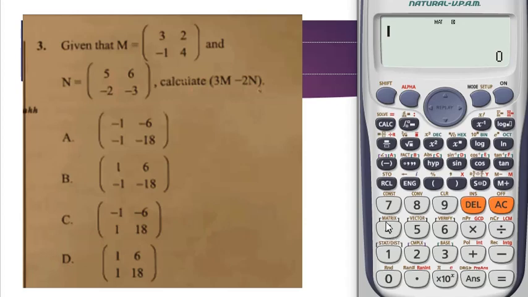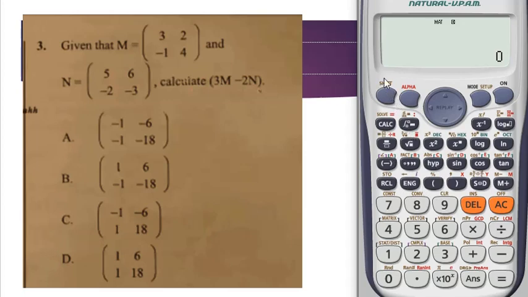Now after clicking on AC, when you come to number 4, or figure 4, you could notice that they've written matrix on top of it with a yellow color, okay. So whenever you see any notation written in a specific color, it means that it corresponds to shift or alpha. Provided you meet any notation written in yellow, it means that it corresponds to shift.